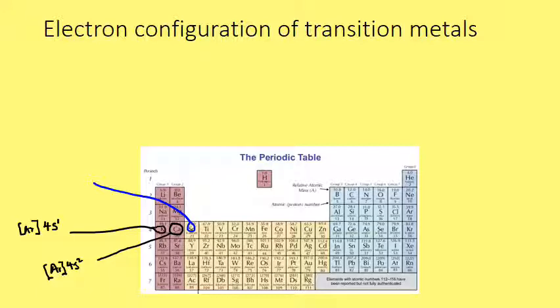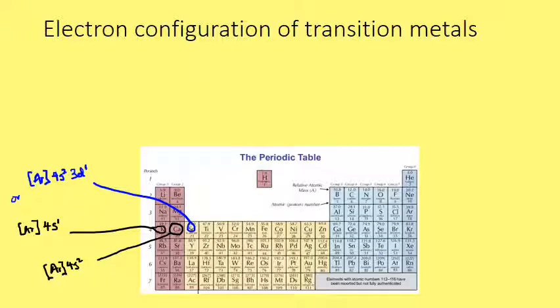Okay, so the electron configuration of scandium is argon, and we've got 4s2, and now we have to fill in those 3d orbitals, so it's going to be 3d1, just like that. And you could write it alternately.